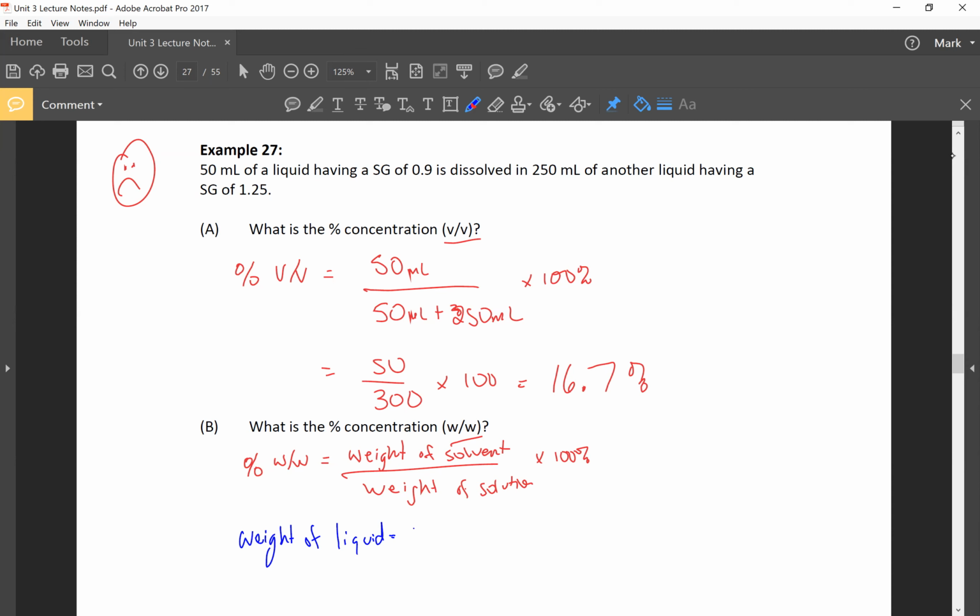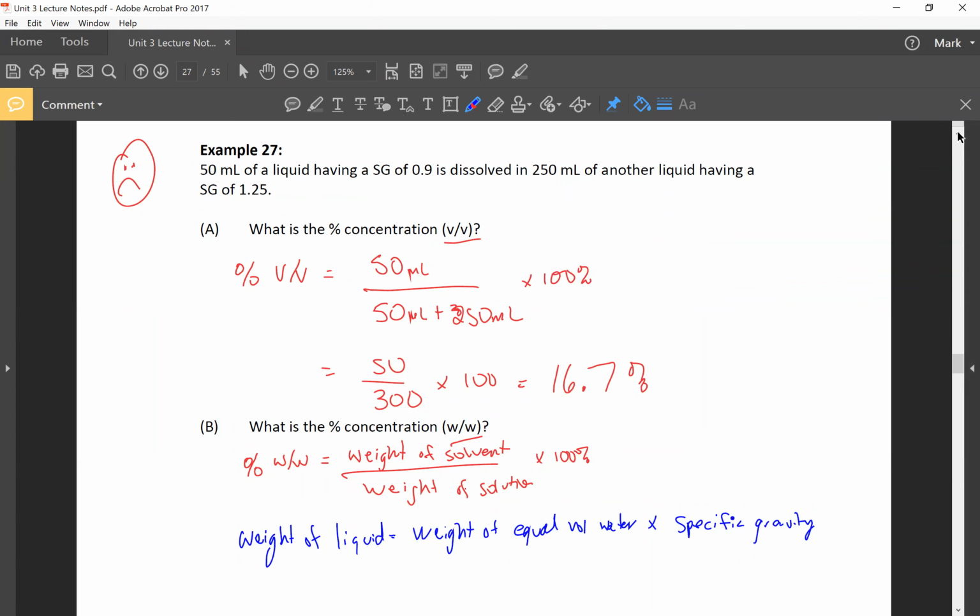I think the formula sheet says the weight of equal volume water times the specific gravity. Okay, so this becomes actually pretty easy.